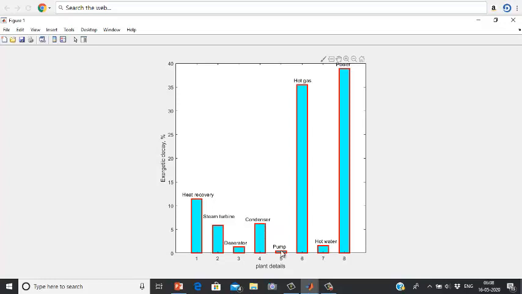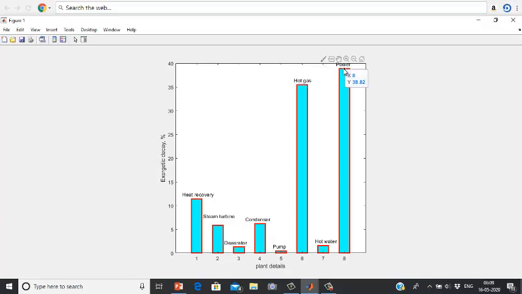The pump is very small compared to all other components, less than 1%. In the hot gas it is more, 35.46 percent. So there is a chance to recover still more energy as well as exergy from the hot gas.